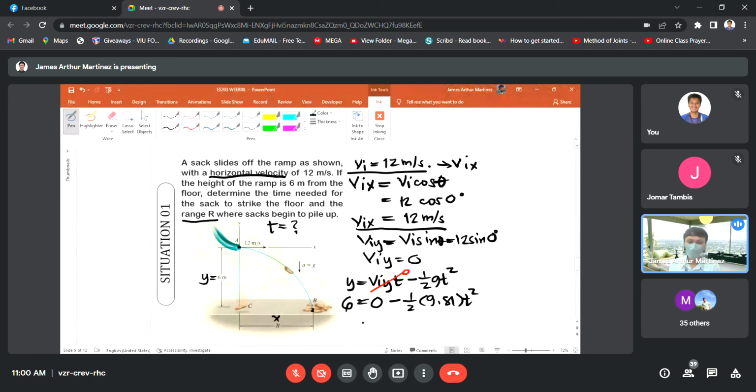We'll have 9.81 divided by 2, times t squared, plus 6 equal to 0. Therefore, t is equal to how much? Kindly solve.